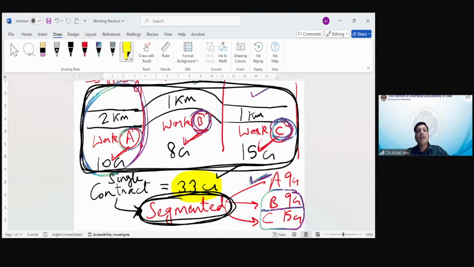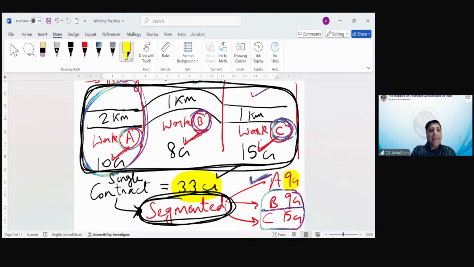So what will you do? You will not recognize revenue on the 33 crore completely, nor will you be able to derive a proportion of the 33 crore. What will you do? You will consider activity A as a single contract. What is the value for that? Let's assume that's 9 crore. For this 9 crore, you will recognize revenue.